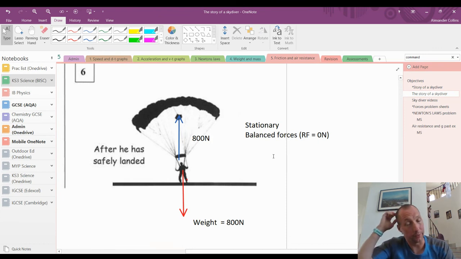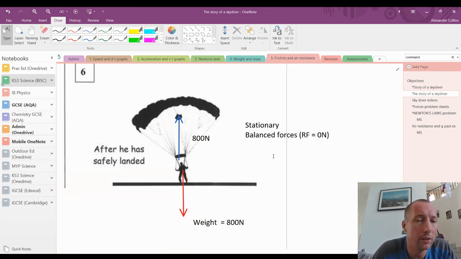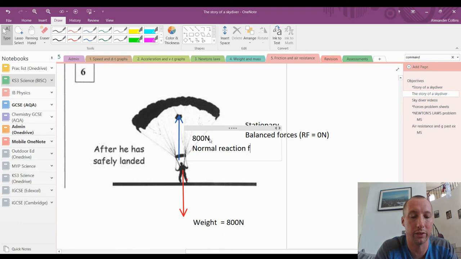But what causes that force? Because it can't be air resistance, because the object is no longer moving. So if it's no longer moving, it can't be hitting air particles, and there can't be any air resistance. So what's the force then that's causing this? Well, this force is my normal reaction force. And this is because the skydiver is now standing on the ground.